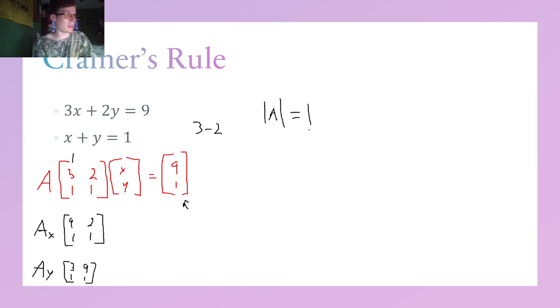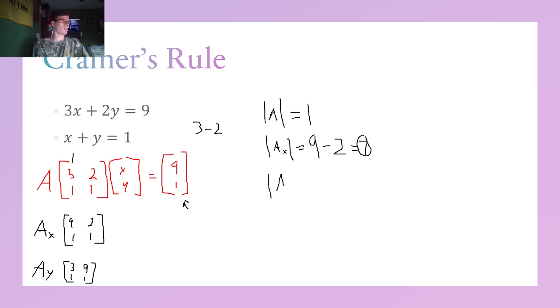Can I make certain of that? Yes. All right, determinant of A of x. You need to find each determinant. Determinant of A of x is 9 times 1 gives you 9. Oh, that's not right. 2 times 1, 9 minus 2 equals 7. That's your determinant for A of x.